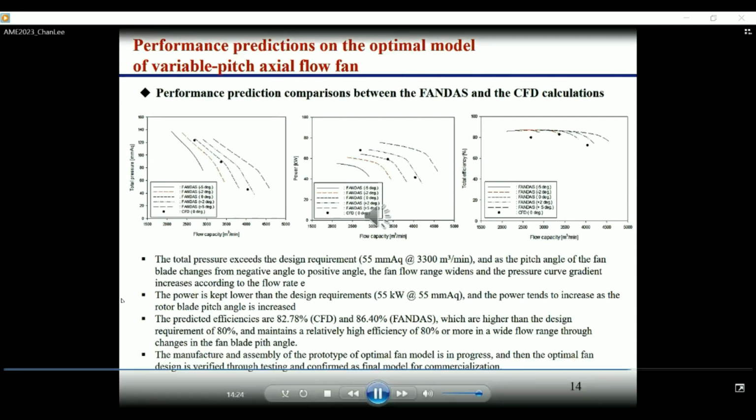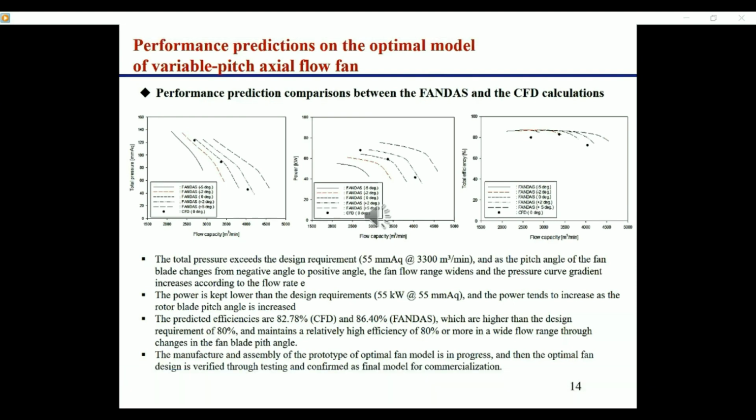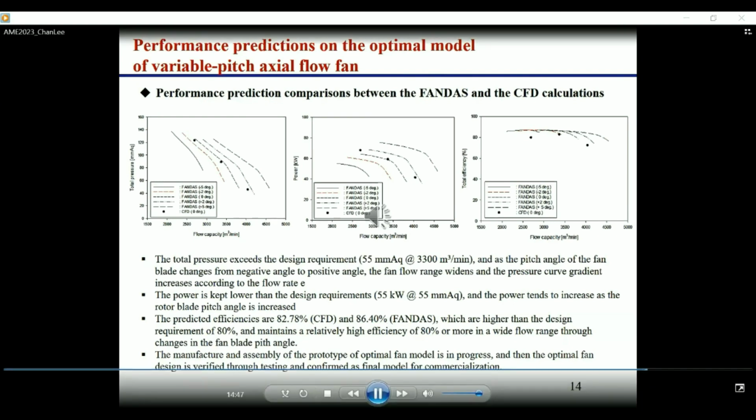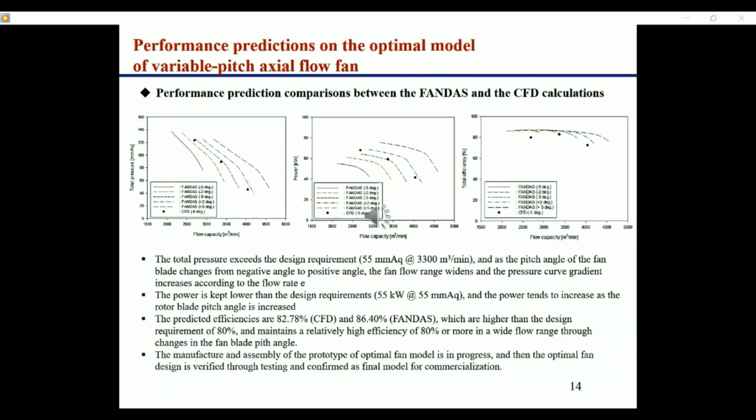And as the pitch angle of the fan blade changes from negative angle to positive angle, the fan flow range widens and the pressure curve gradient increases according to the flow rate. And power is capped lower than the design requirement of 55 kilowatts, and the power tends to increase as the rotor blade pitch angle is increasing.